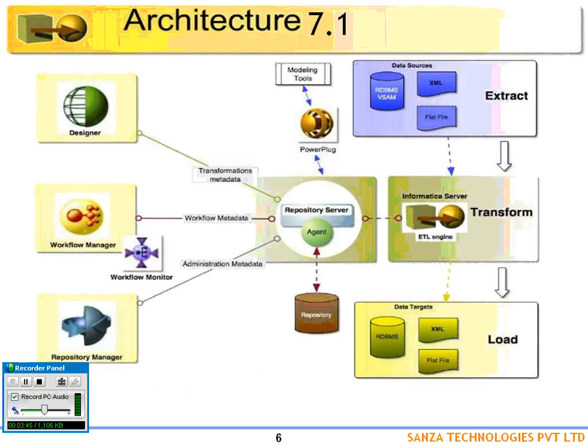Coming to the architecture of Informatica PowerCenter 7.1 version, they have server component and client components. Under the server components, they have two things called repository server and Informatica server.